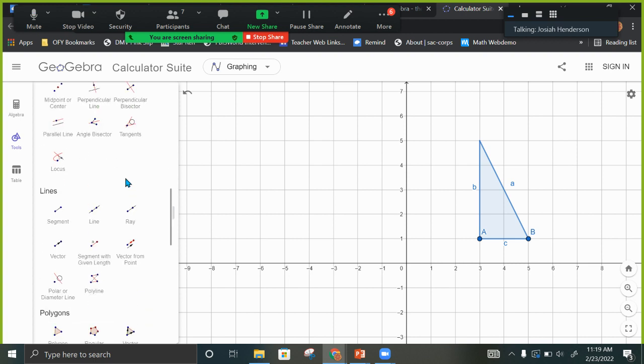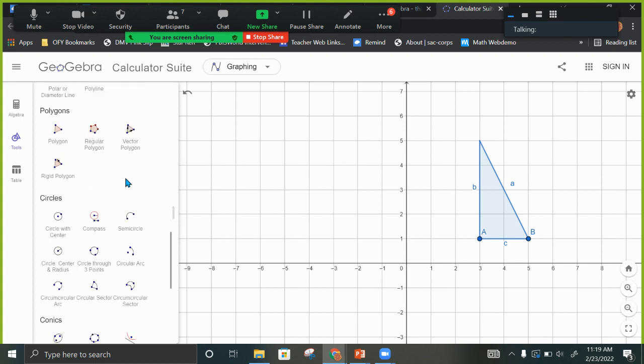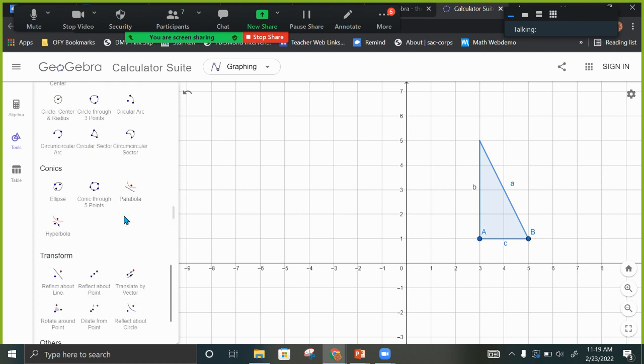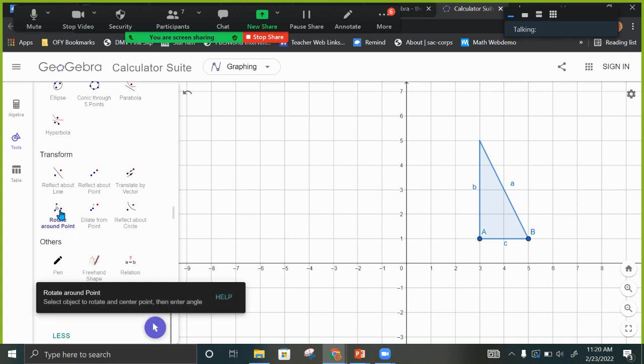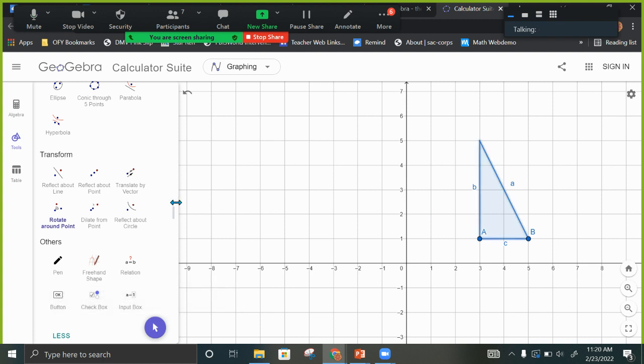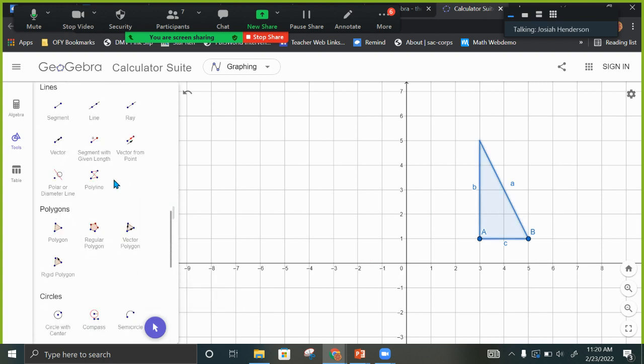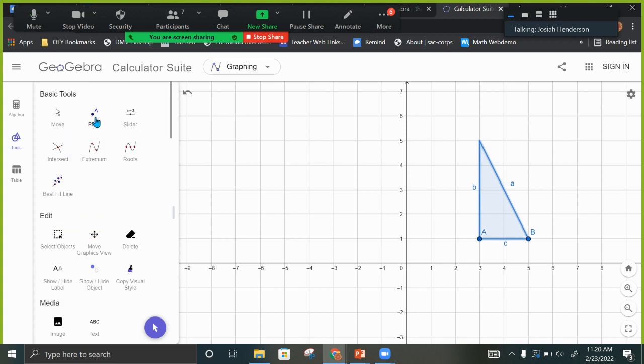Rotation. There we go. They're under transformations. So we're going to rotate around a point. Notice there's also reflection about a line like we were doing yesterday. So we're going to do rotation around point. Click on that, and then we click on our figure. Oh, we're supposed to click on a point of rotation as well. So I'm going to make the origin there.